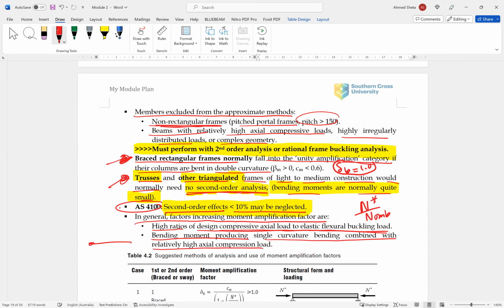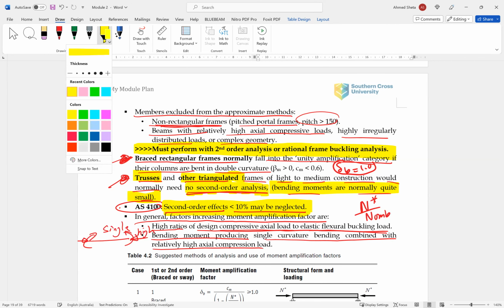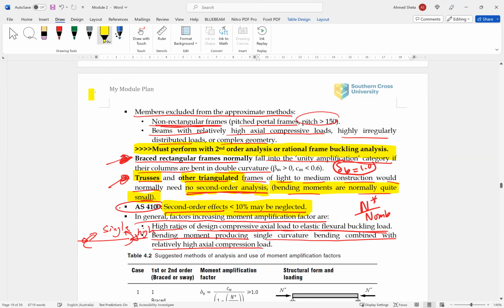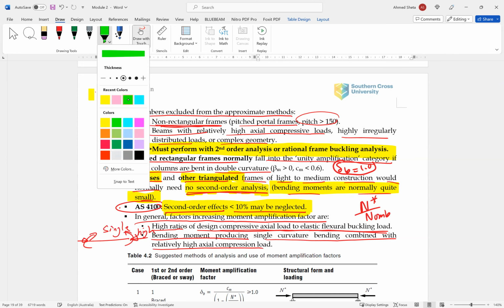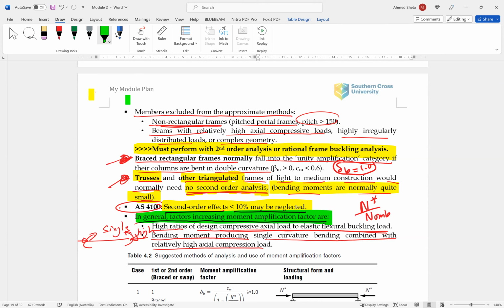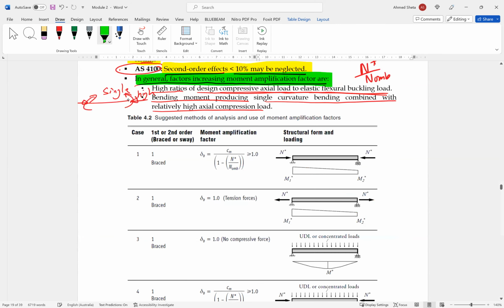So if you have a member under single curvature with high axial load, this will cause a high amplification factor. So high amplification factor comes with the two cases we have talked about.